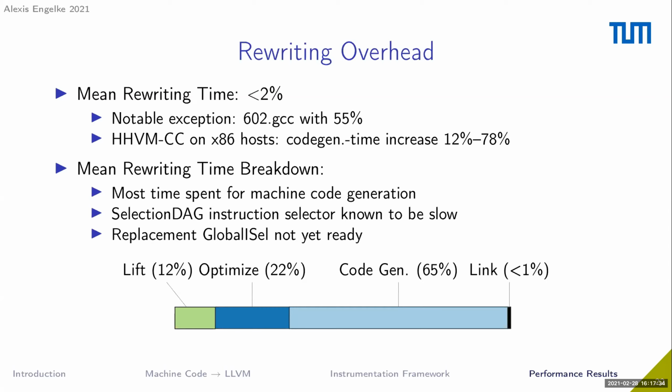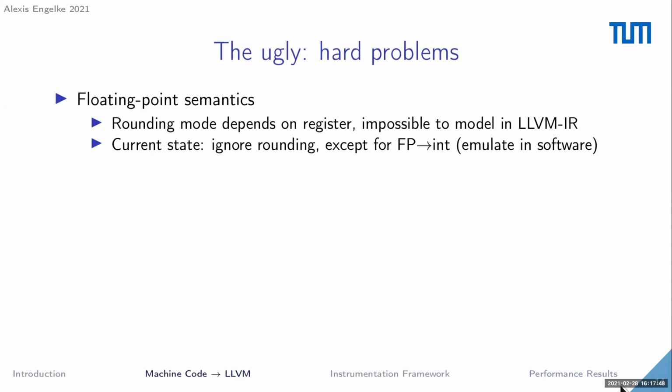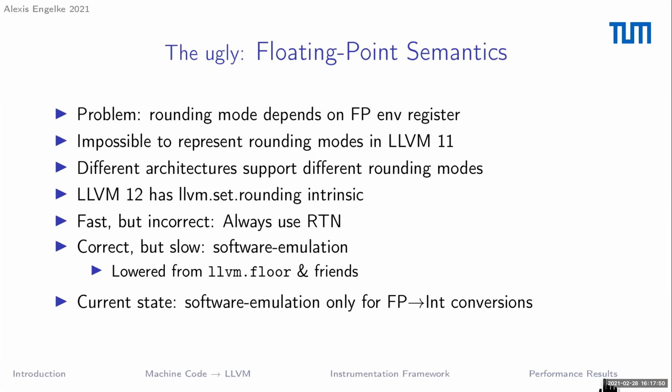Okay, and then I had a second question. You mentioned the current limitation about floating point, right? I actually have a dedicated slide on that. This one. Okay, have you seen the floating point intrinsics, the LLVM experimental constrained floating point division, floating point rem, and so on?